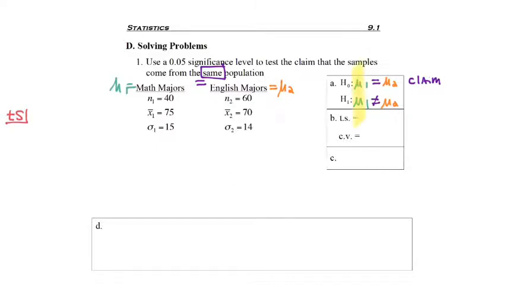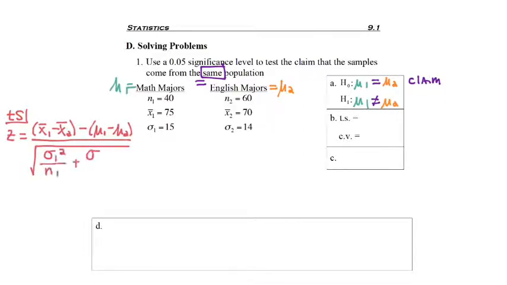Because we are testing means, and in our case, English majors should be independent of math majors, or so one would think, and most of them would argue, we'll be using the z-score or test statistic formula mentioned on the prior video. So now let's go ahead and fill in the parts. So first thing we need is x1, and so for us, x bar 1, the sample mean, is already given to us as 75.